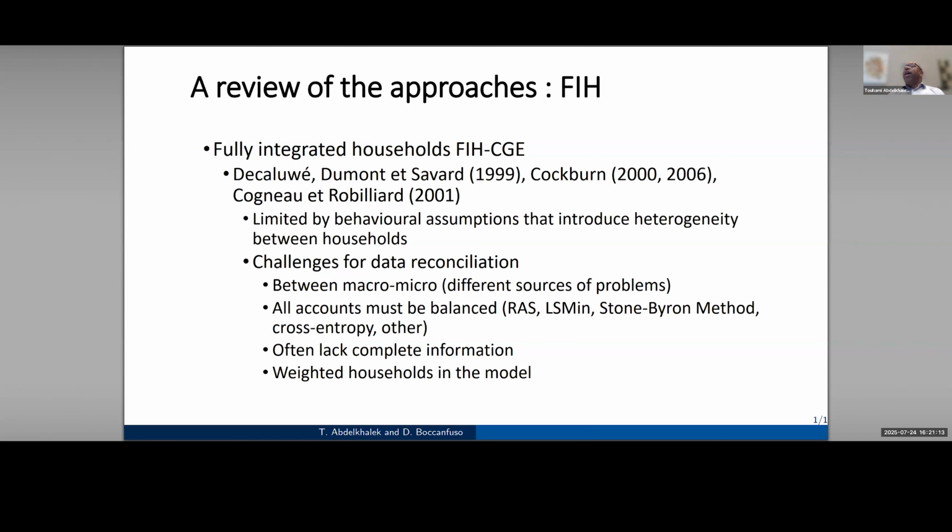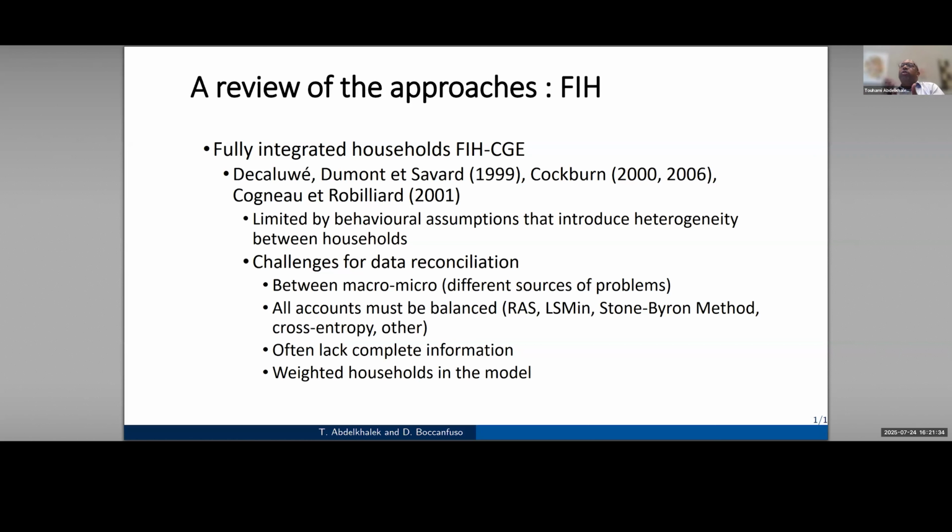The microdata generally comes from a survey, and the macrodata generally from a SAM. And the more interesting approach is the cross-entropy approach. Exactly this approach I will present briefly in the second part.